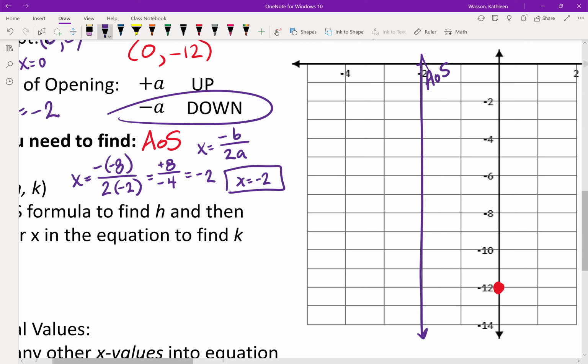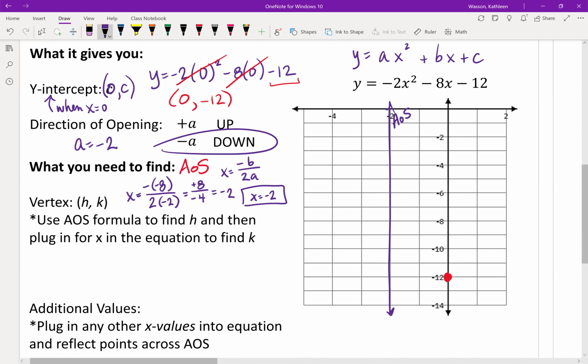So I can use this -2 for x and calculate the y there. I could also say this is h equals -2, now that we've talked about the vertex form equations. So I'll use -2 for x, and I need to figure out what the y is when x is -2, so that I can have my vertex, which is (h, k).